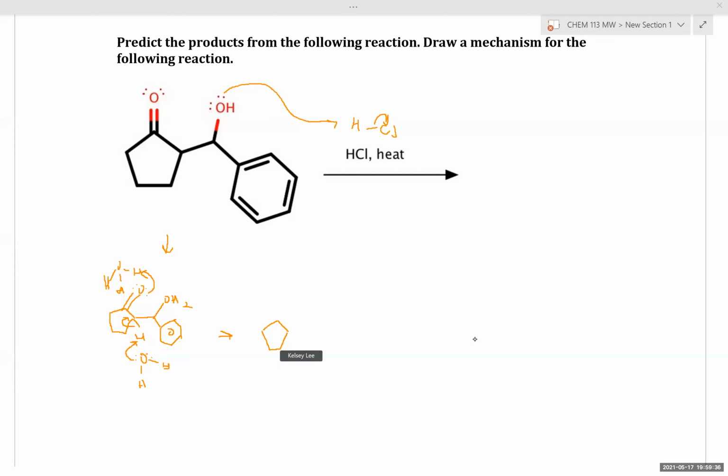Now that we have the enol tautomer, we can kick out our leaving group and generate our desired enol.